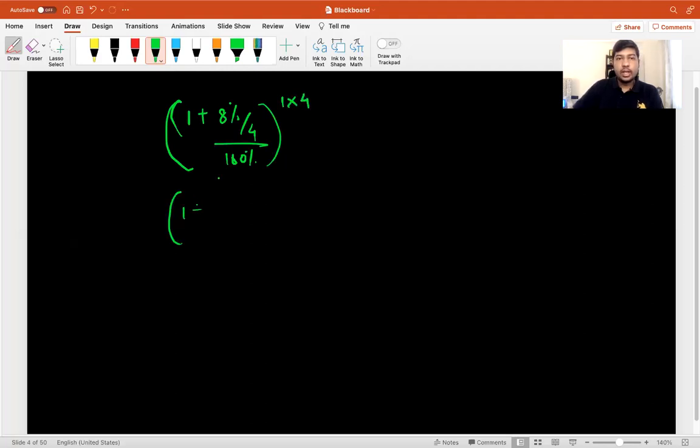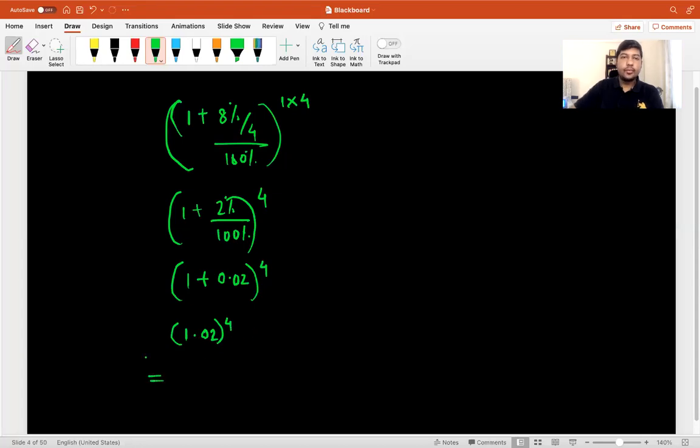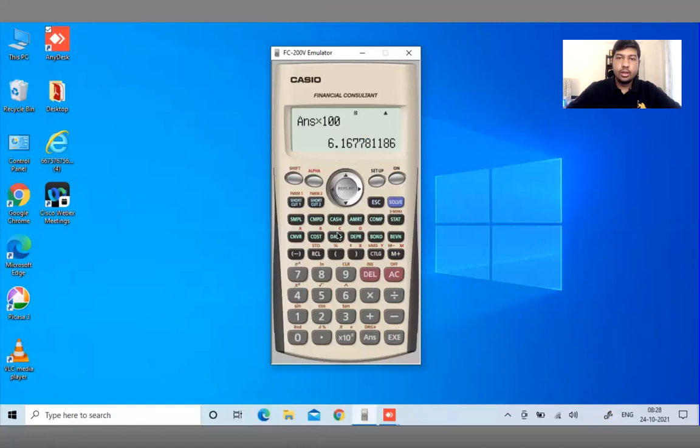So it will be 1 plus 8% divided by 4 is 2%. 2% divided by 100% raised to 1 into 4 is 4. Then this will be 1 plus 2% divided by 100% is 0.02 raised to 4. And then it will be 1.02 raised to 4, which will give you 1.02 shift 6 raised to 4, close the bracket and press execute.